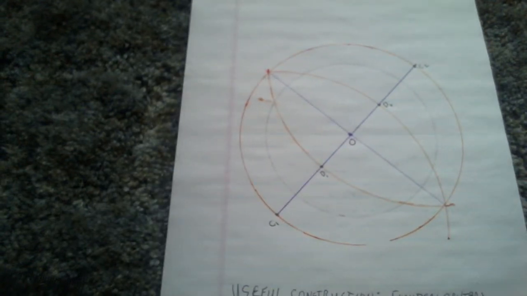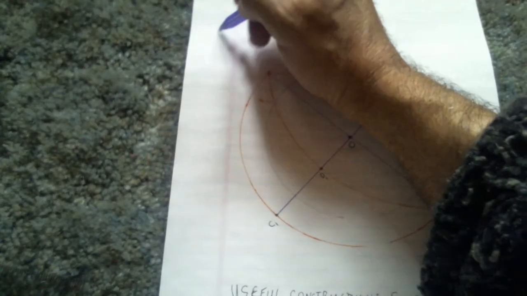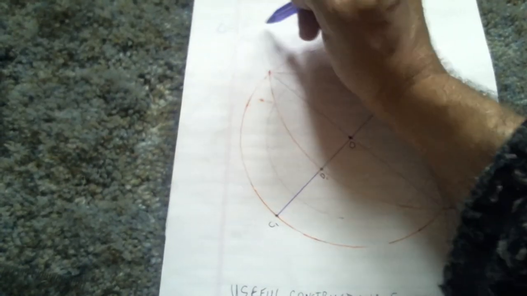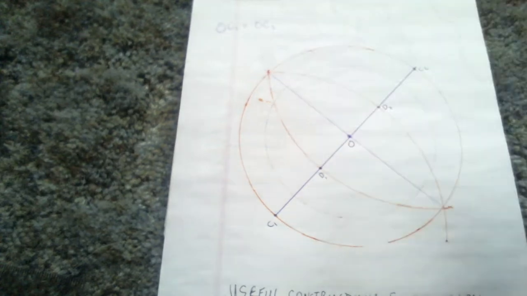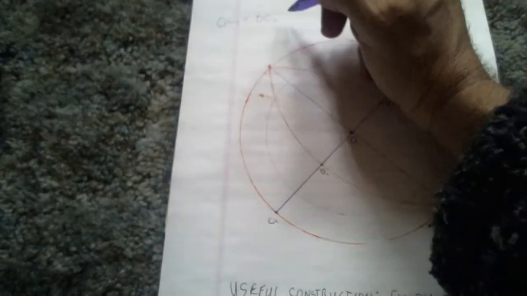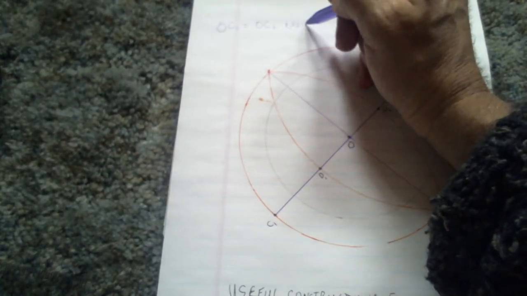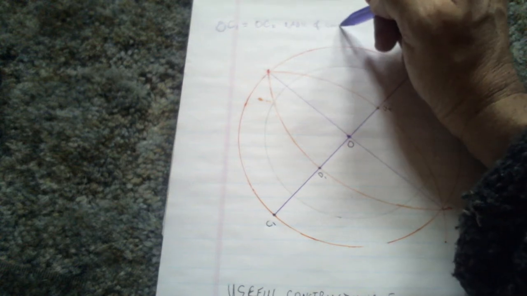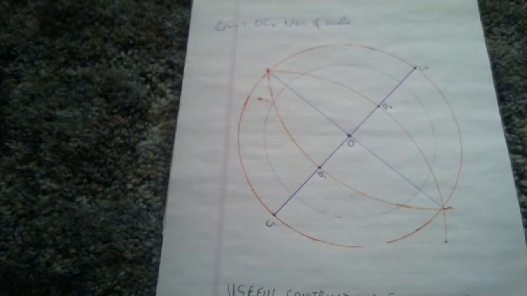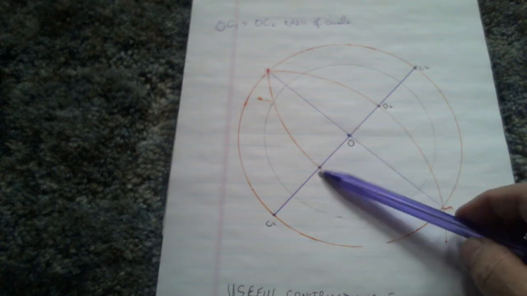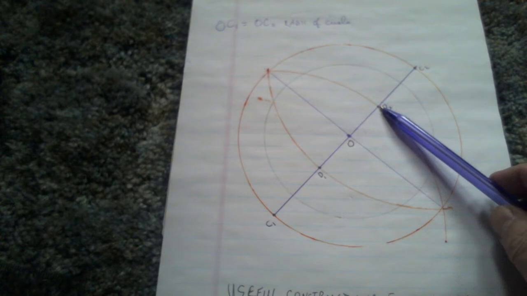So what we've got is we started with certainly the case that OC1 has to be equal to OC2 because they're radii of the same circle, radii of the big orange circle. So those are the same size. Then I also happen to know that I can subtract this distance D1D2 from both of those.